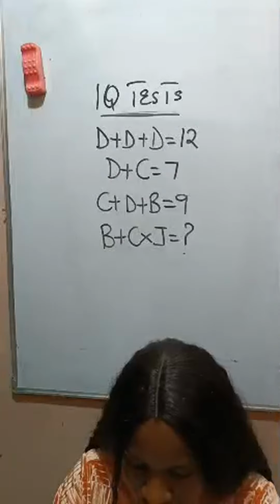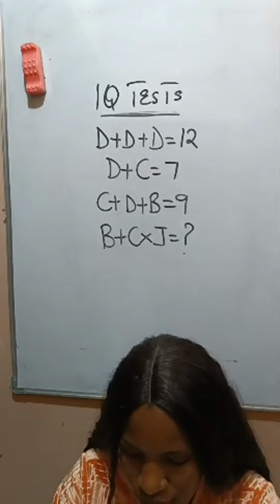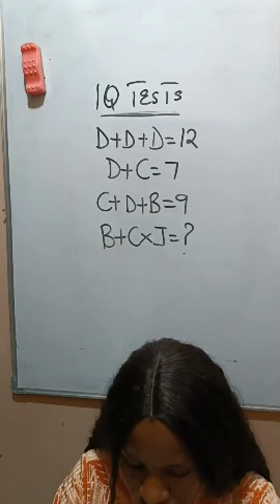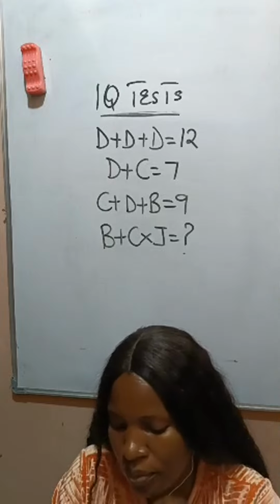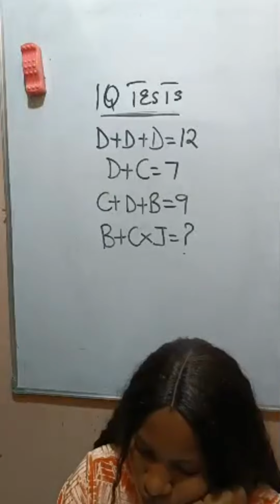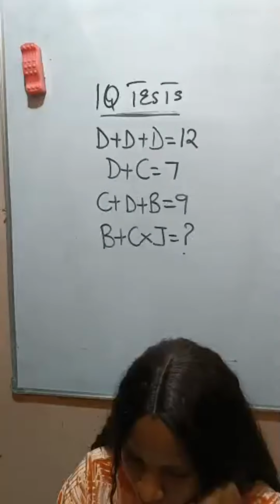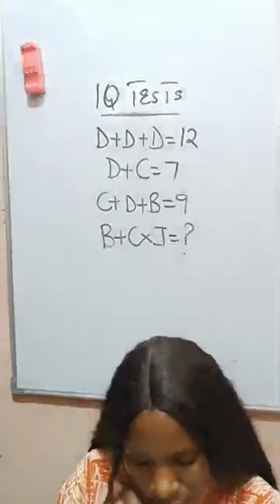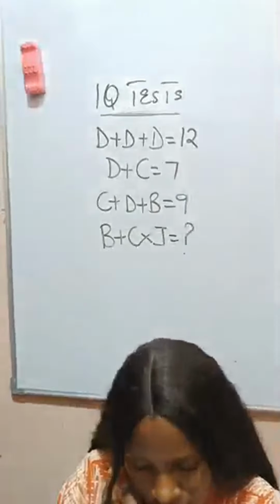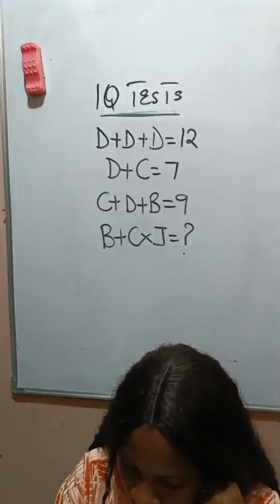Okay, so Rama is saying it's 12. That is B plus C times J is 12 according to Rama. Let's do this together. Okay. More persons. We still have some people dropping their answer.